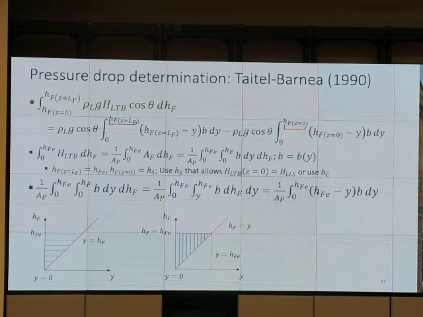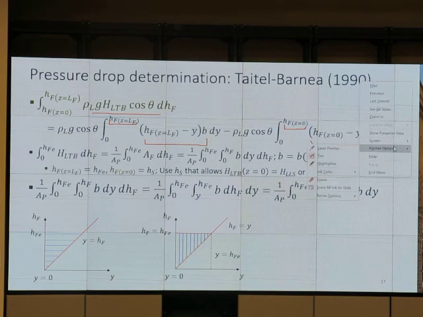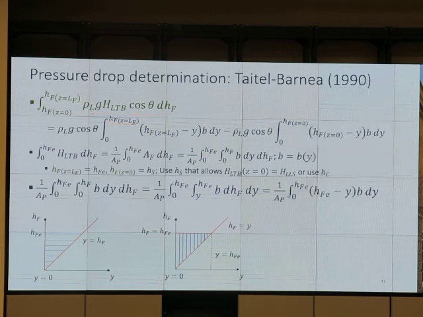And previously you already know when we discussed the hydrostatic head, this hydrostatic head thing comes from this kind of equation that has delta h and B. You remember that? So when I look at this equation, you see this term, 0 to h_F of h_LTB dh_F.